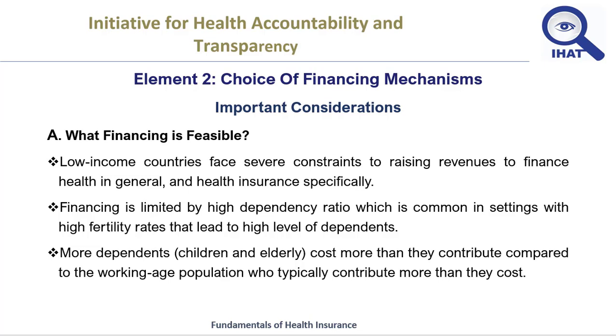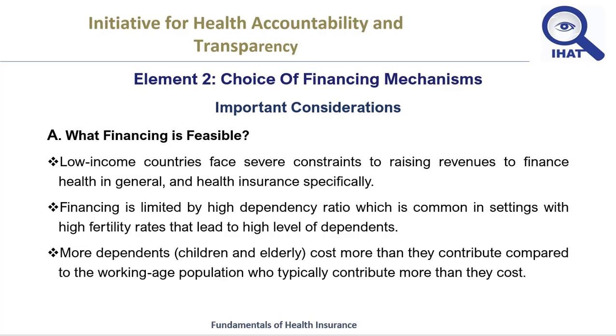Financing is limited by a high dependency ratio, which is common in settings with high fertility rates that lead to a high level of dependence. More dependents, that is children and elderly, cost more than they contribute compared to the working age population, who typically contribute more than they cost.